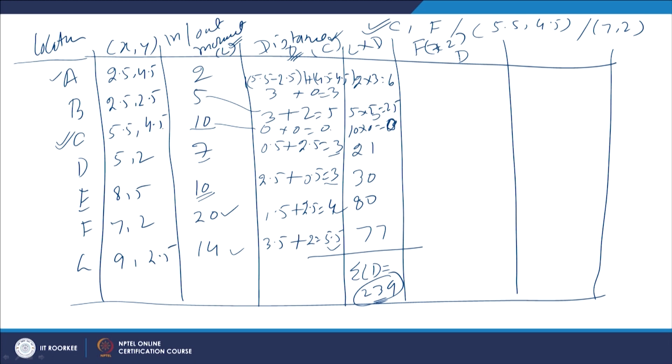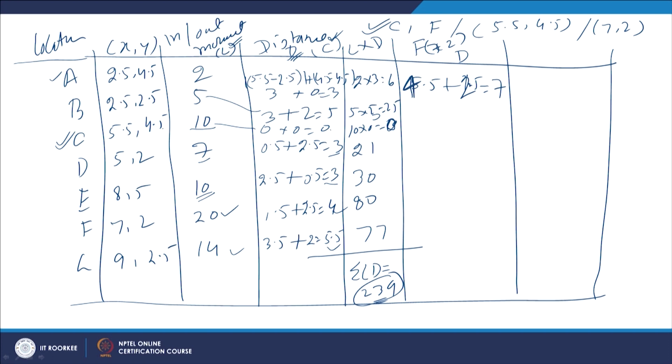A and F distance to be travelled can be obtained from the difference of 2.5 minus 7, that is 5.5, plus 4.5 minus 2, that is 2.5. So, 4.5 and 2.5 minus 7, so 4.5. So, that is how it is leading to the 7.